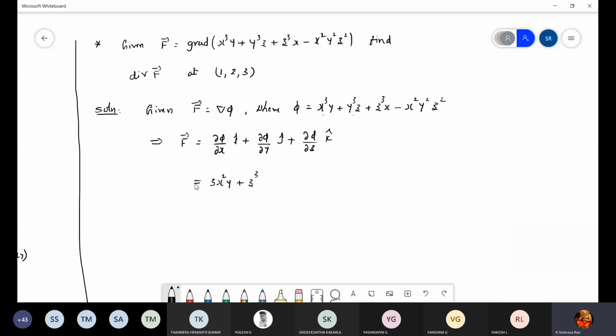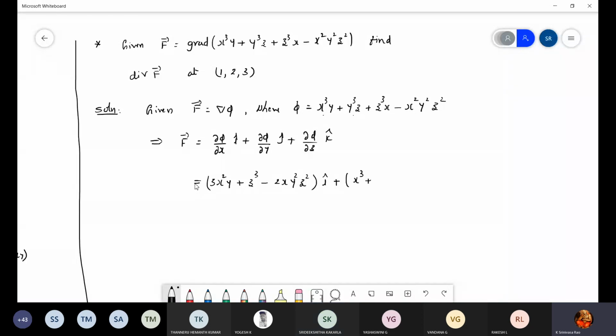Third term minus 2x y square z square. So completely this is the i cap component. You will get a little bit lengthy, 3 terms in each. Now the same way with respect to y. With respect to y, first term x cube.